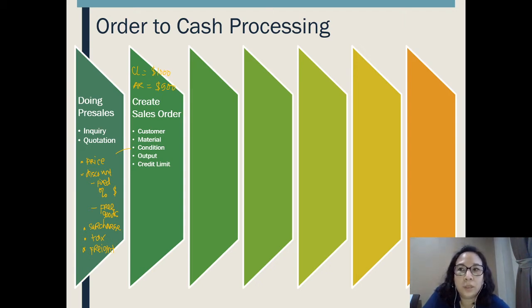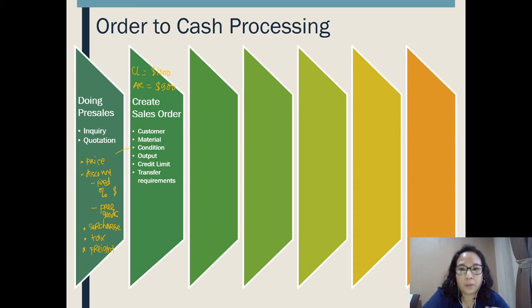Usually the sales order can still be created, but cannot be continued to the delivery process because the sales order needs to be blocked. It depends on whether finance asks the customer to pay first, or we already have a negotiation with the customer and they don't need to pay first, and then we just continue with the sales order. But still, usually there will be a credit limit check.